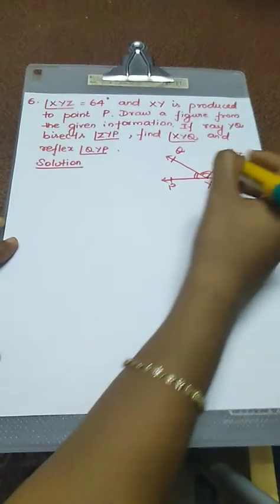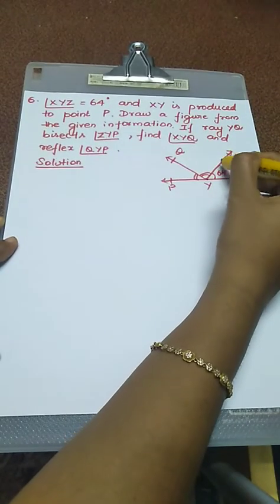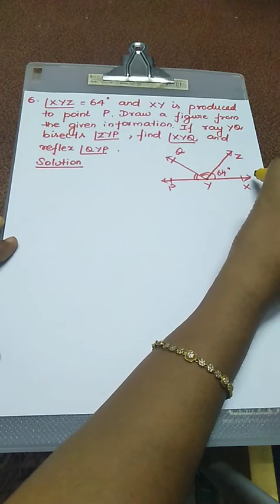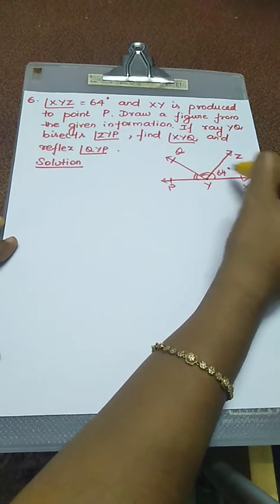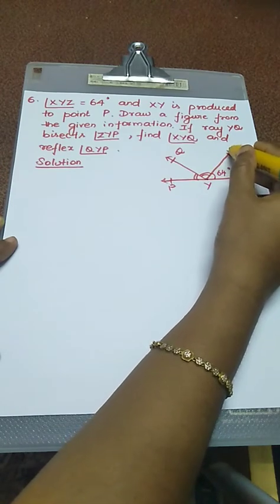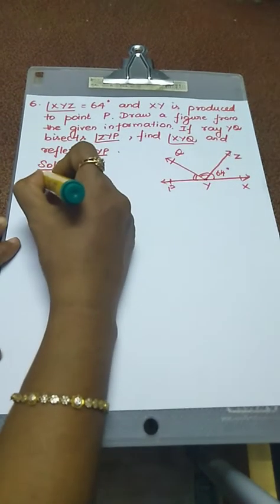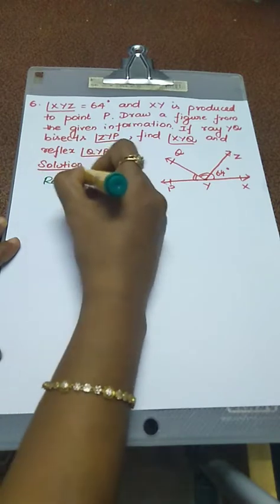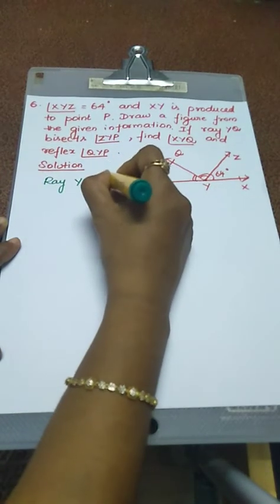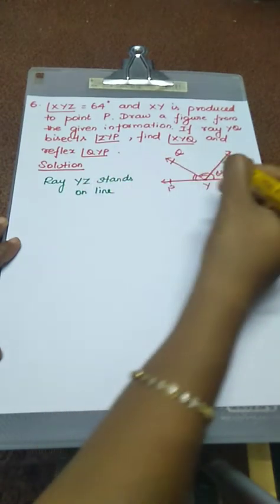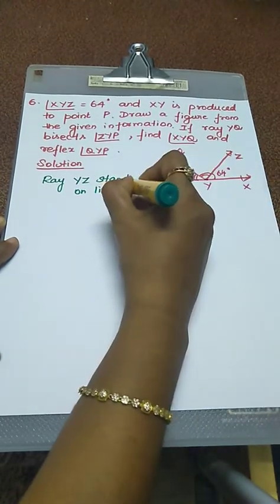Okay, first you just imagine this ray YZ stands on PYX. We have to apply this condition. So what do we get? Actually XYZ plus ZYP is equal to 180 degree using the linear pair axiom. First we have to write ray YZ stands on line, what is the line? PYX.